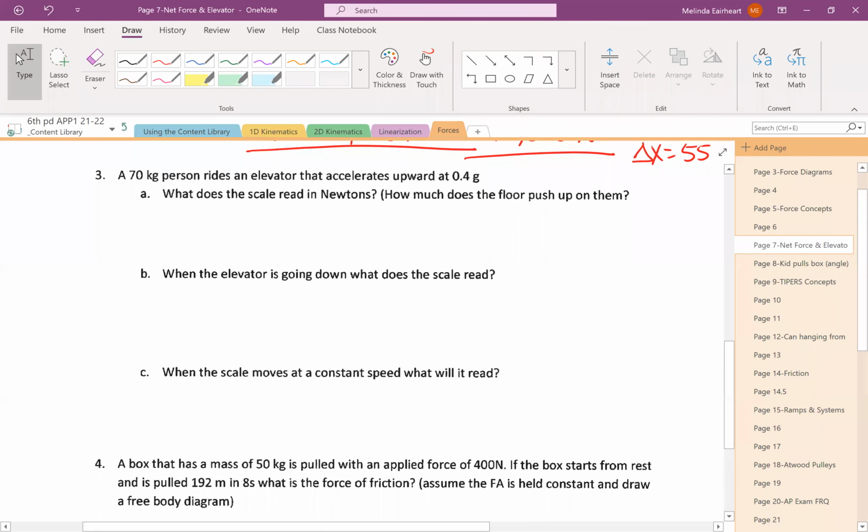Now this problem is a person riding an elevator. It's going to accelerate 0.4 g. That's not grams. That's an alternative way of giving acceleration. But look at the first question: what does the scale read in newtons? And you're like, what scale? Maybe I should tell you that physics types are a little quirky.